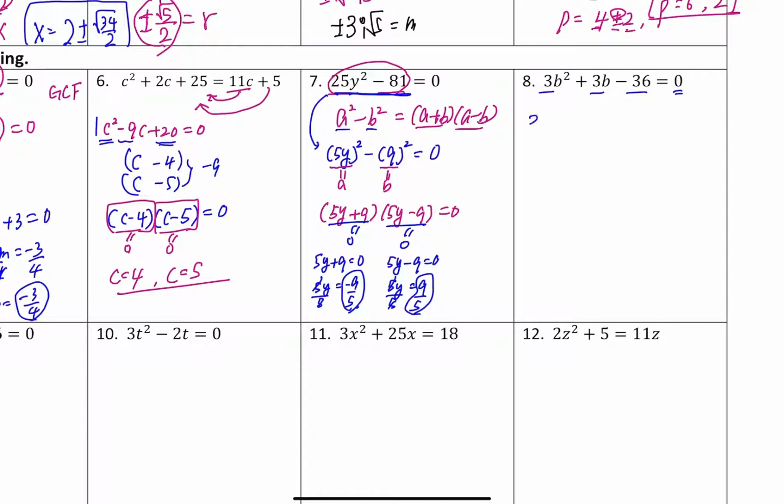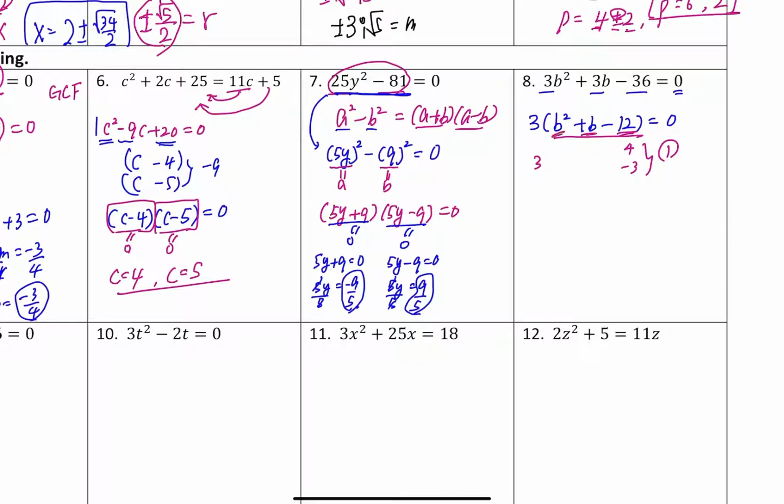So take out 3. b squared plus b minus 12 equals 0. And then you factor them. Negative 12 has positive 4 and negative 3 as factor, because their product is negative 12 and their sum is positive 1, which is same as middle coefficient. So this is right combination.